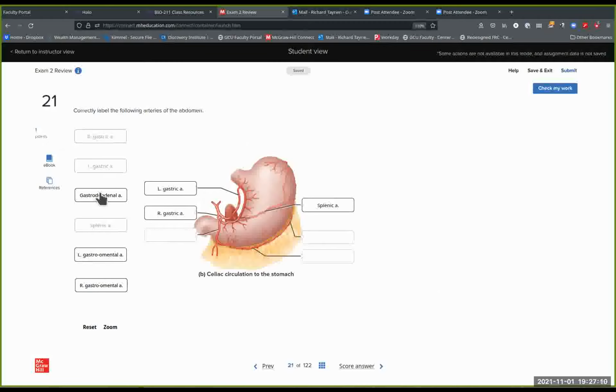Gastroduodenal we could never really find well, but let's see. That would be this one here. And then left gastro-omental. There we go.